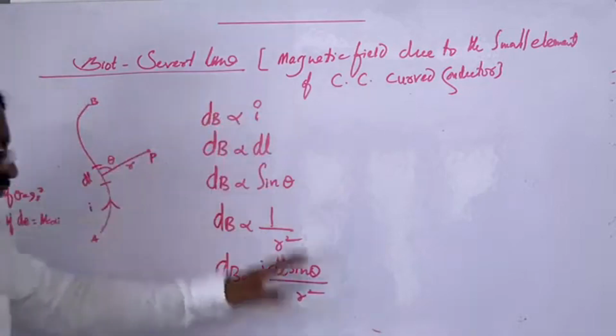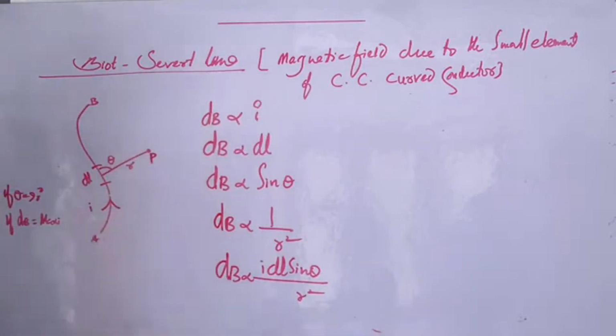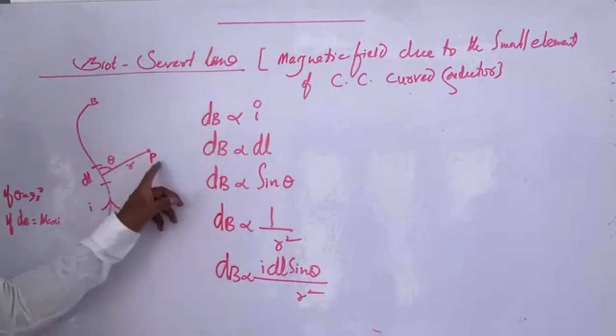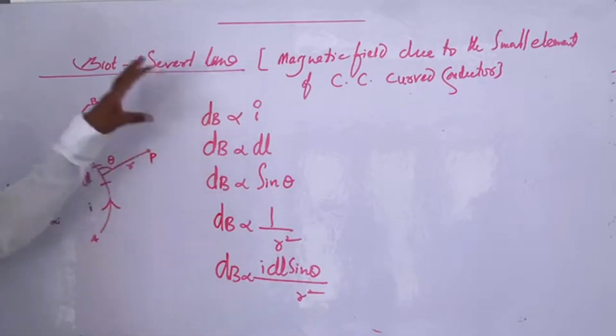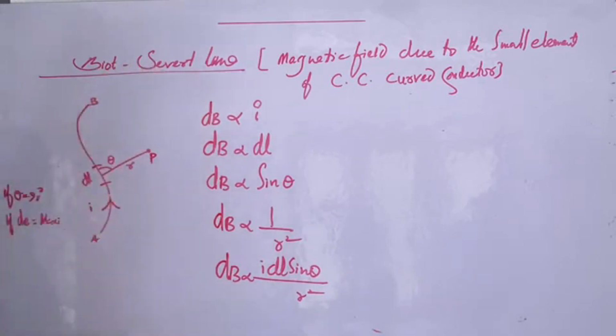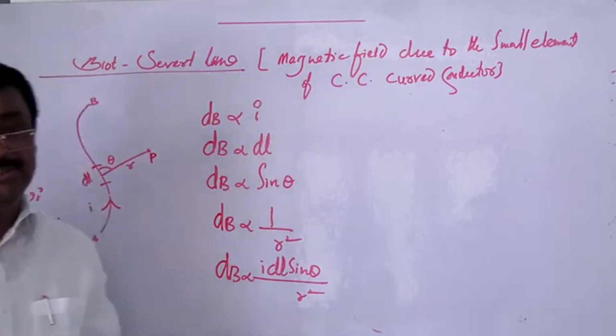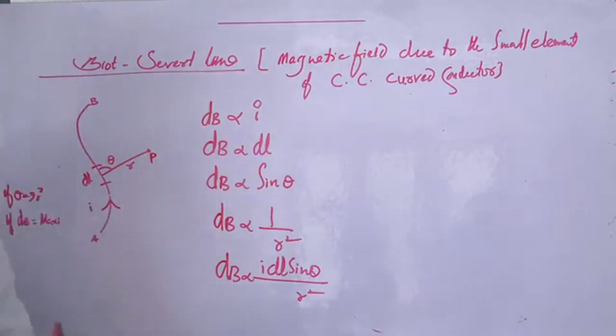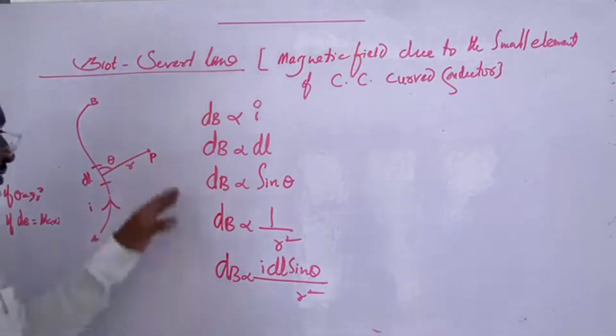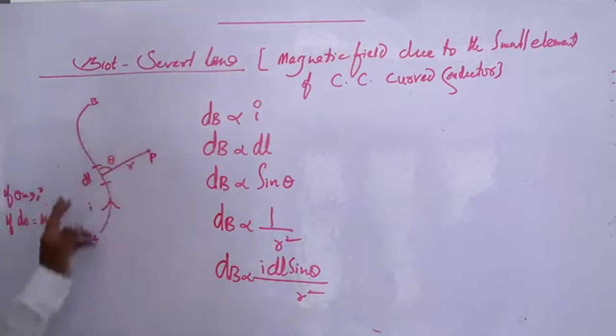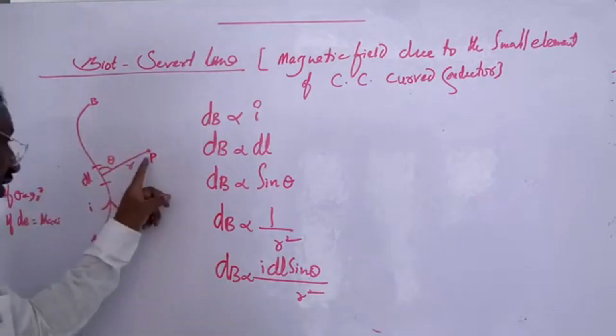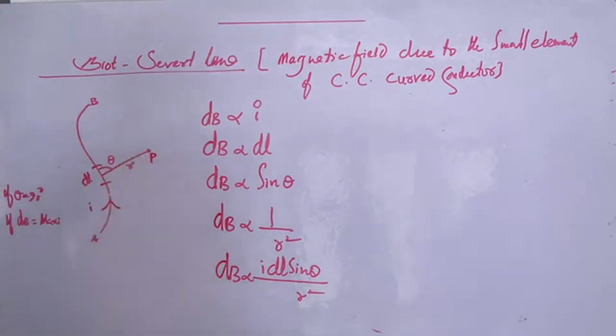Now, so far there are four factors. Another factor is there which influences the magnetic field, another invisible factor. Now you take coronavirus, how it will affect our biological system? In the same manner, here is another invisible quantity which also influences the existing magnetic field.